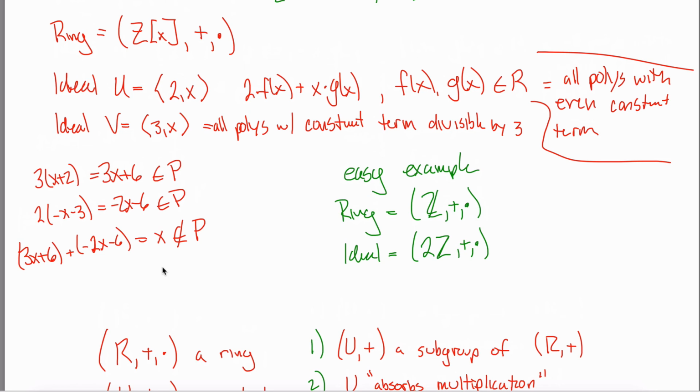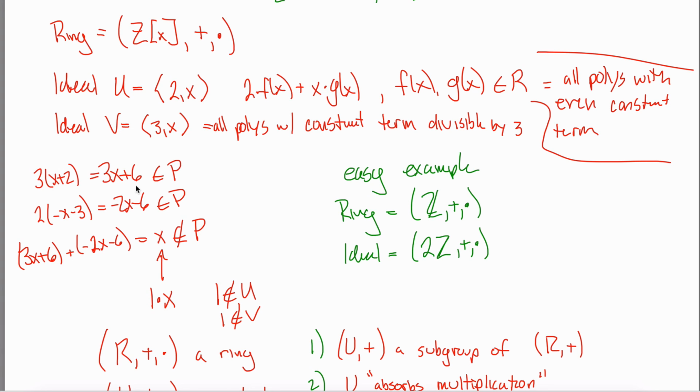But there's a problem. The only way you can multiply together two polynomials in this ring and have x be the answer is if those two polynomials are 1 and x. That's the only possible way. But 1 is not an element in U, and 1 is not an element in V.